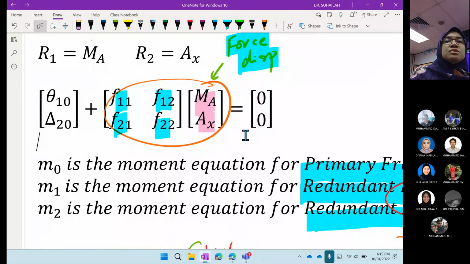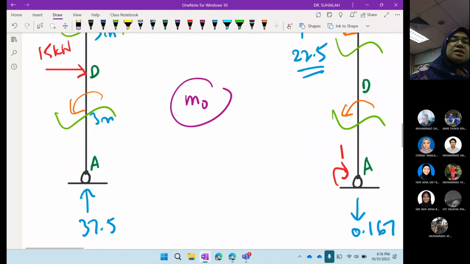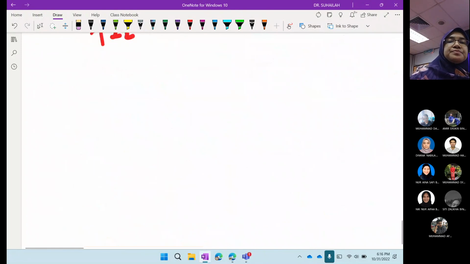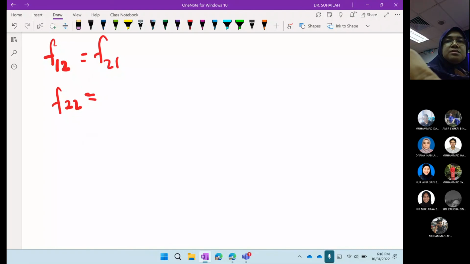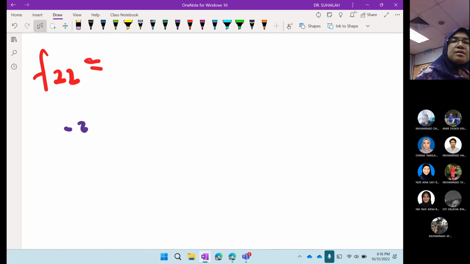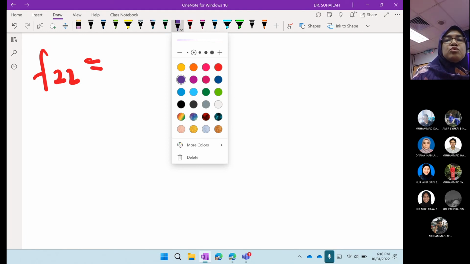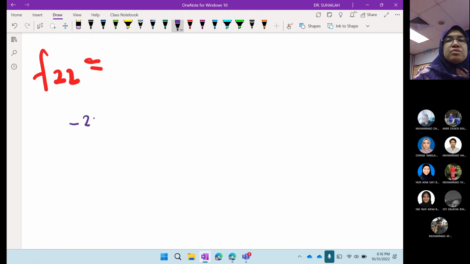Okay, so you kena bawa macam biasa lah. Kena bring this to the other side, right? 2 simultaneous equation. You will get equation macam ni. For example, you get tadi apa nilai dia? 22.5 tadi tu. Negative 22.5.